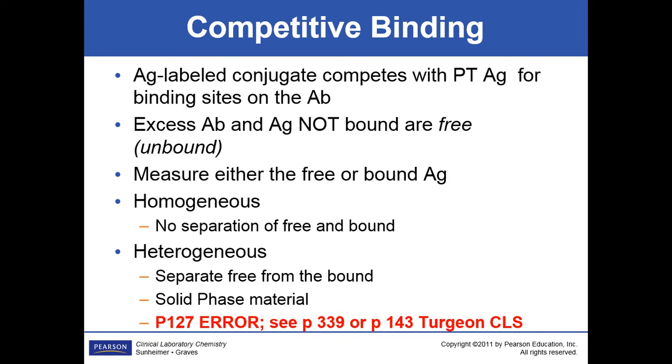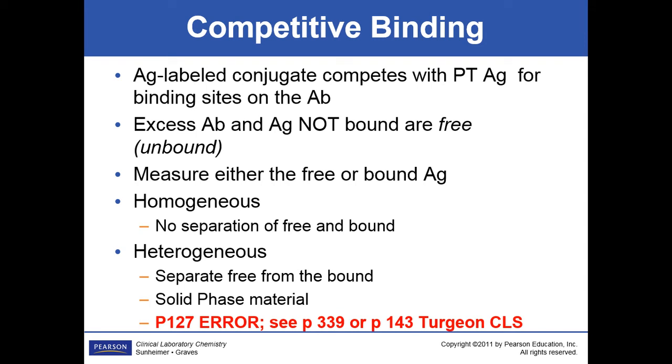Something you need to note is excess antibody and antigen are not bound. Okay? So if I have a whole lot more antigen than I do antibodies, the extra isn't going to be bound up someplace. It's going to get washed off, discarded. So that we are usually only measuring one portion.